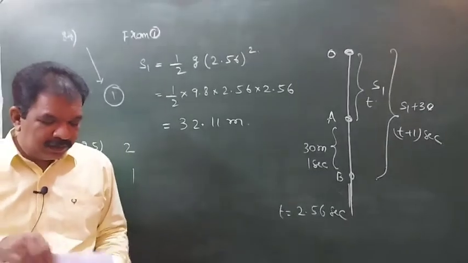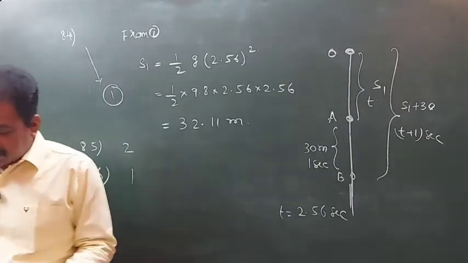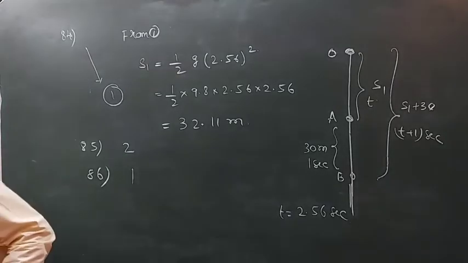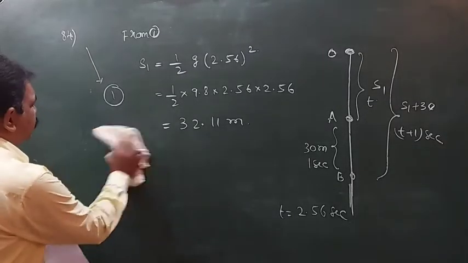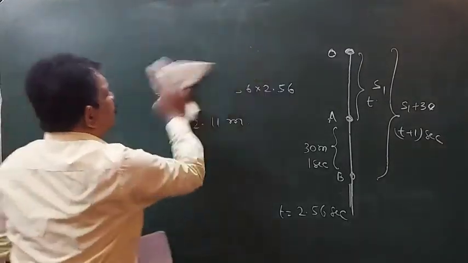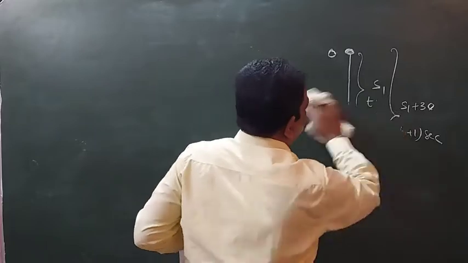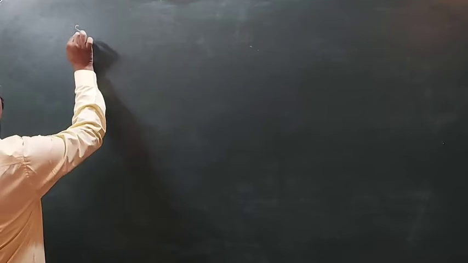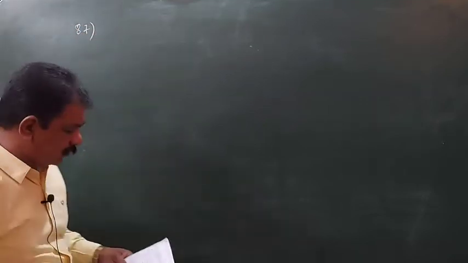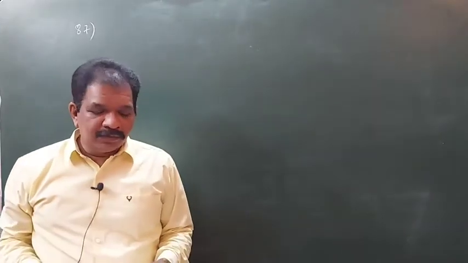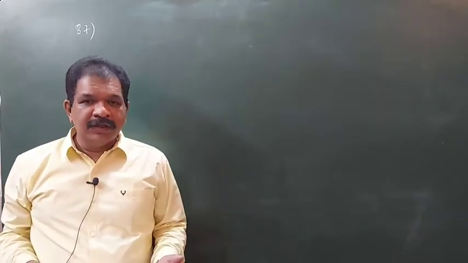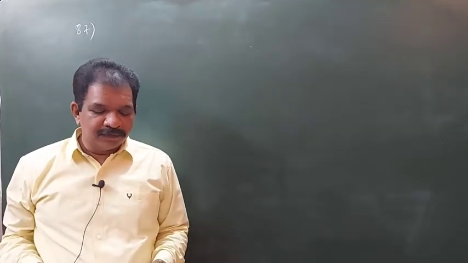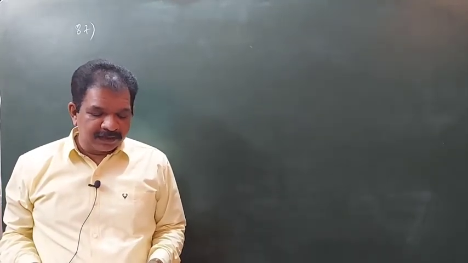Okay. Next, 87, you see. A player throws a ball upward with an initial speed of 30 meters per second.